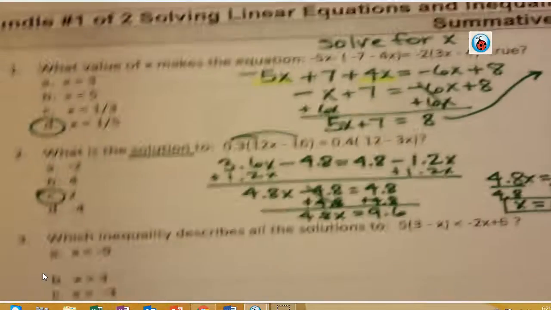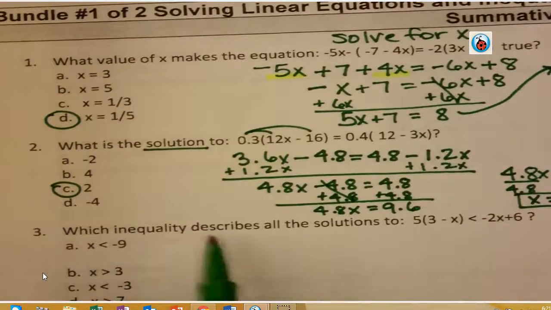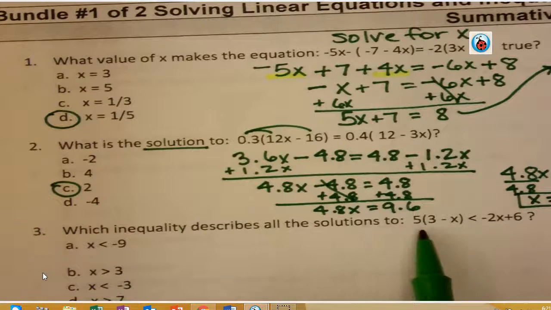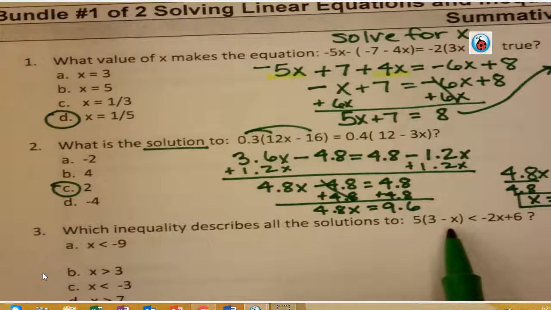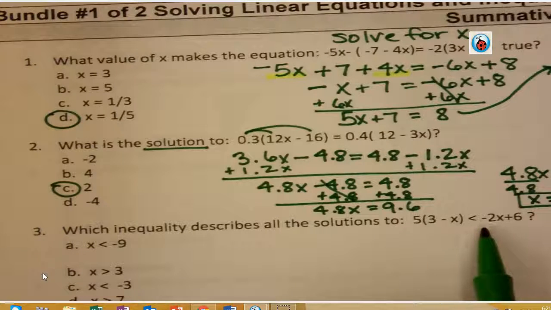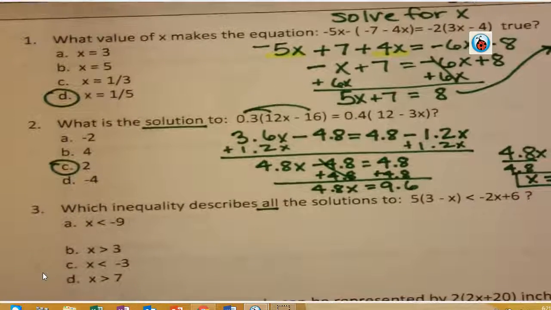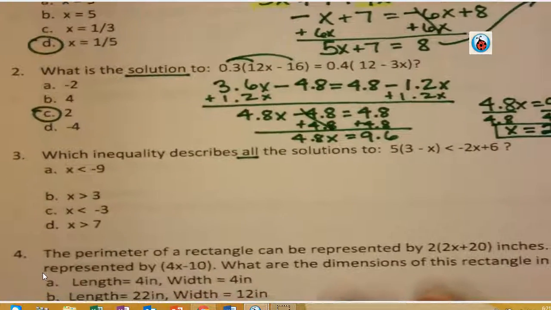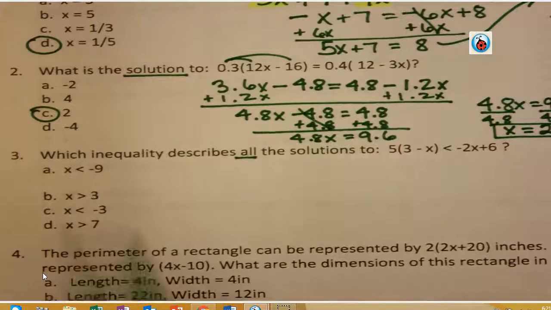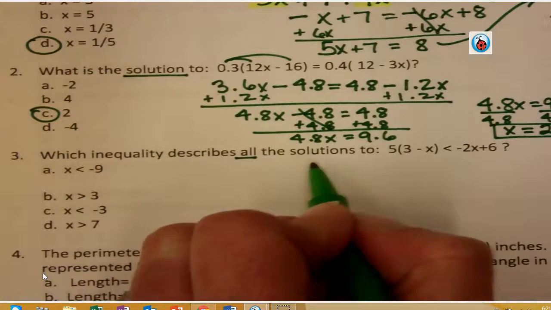Moving on. Which inequality describes all the solutions to 5 times 3 minus x less than negative 2x plus 6? When it talks about all the solutions, it's just asking for an inequality. So we're going to just solve it for x, just like we would in any other situation.